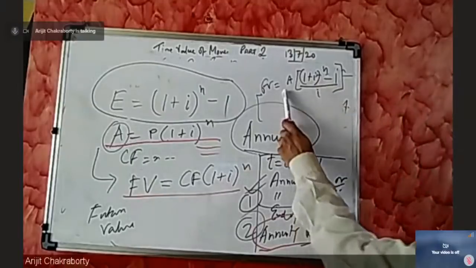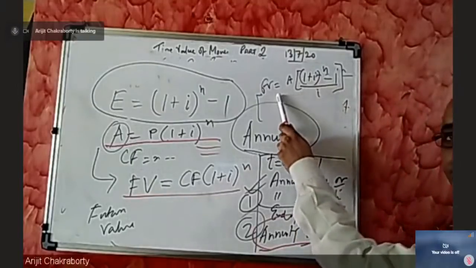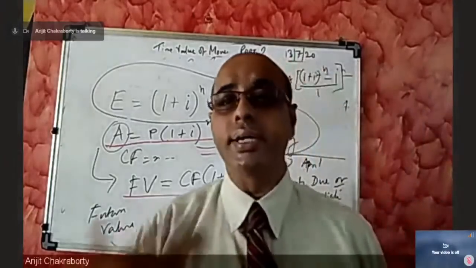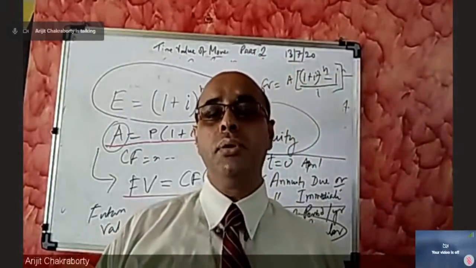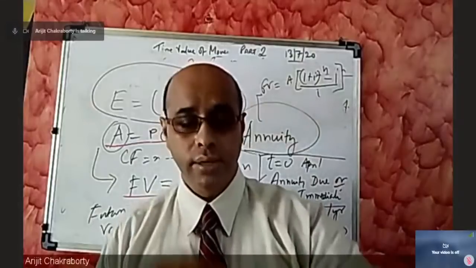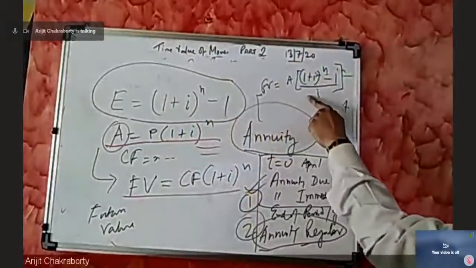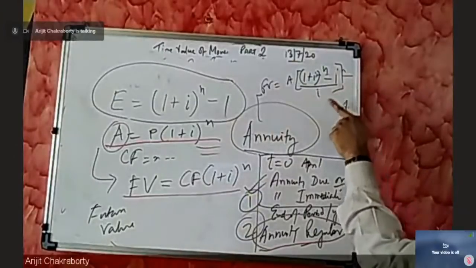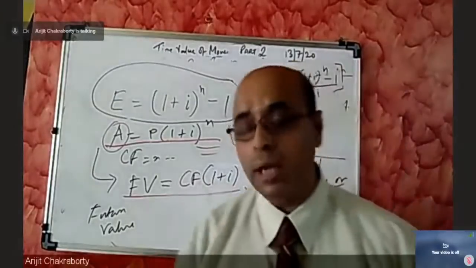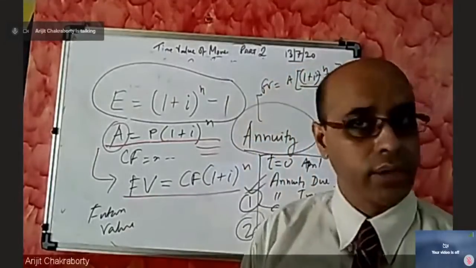Once again, A is the payment made every year, the identical payments, because annuity means that the payments are all the same. So A into [(1 + i)^n - 1]/i. This is the formula we use for annuity regular.